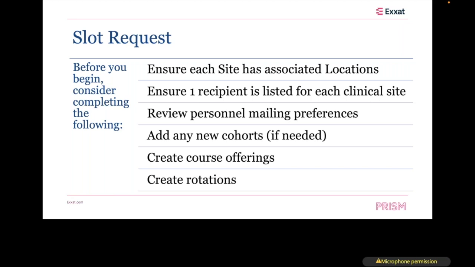Review the personnel mailing preferences if needed so that they are marked to receive this email. Add any new cohorts that you need to set up the rotations for in the system. Create the course offerings and make sure that you set up your rotations with the rotation start and end date. Once you have checked all of these, then we can get started with the slot request configuration.